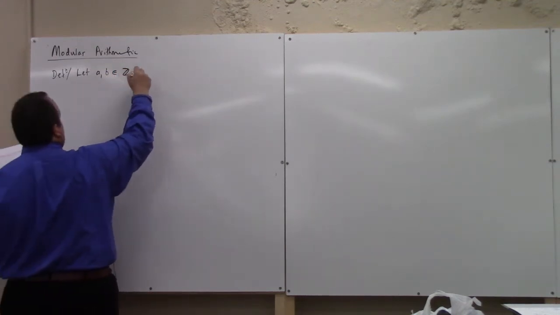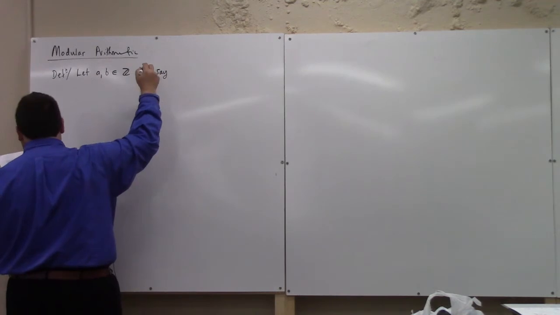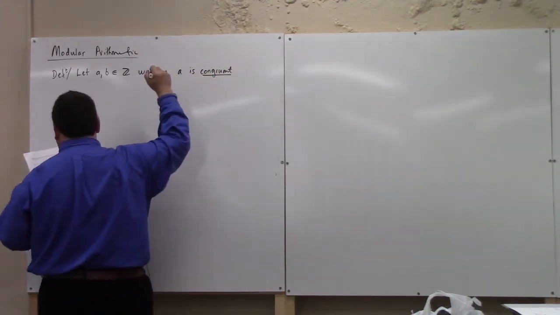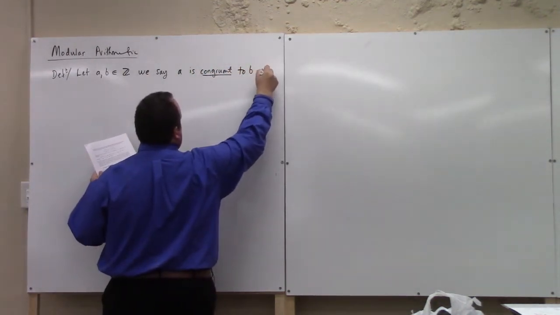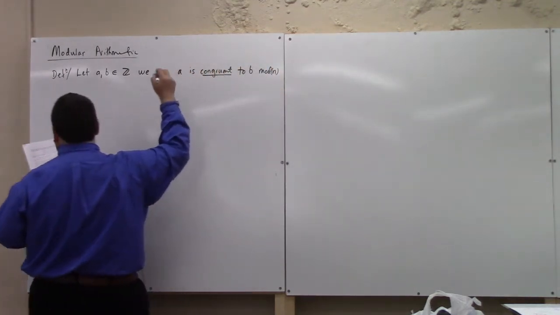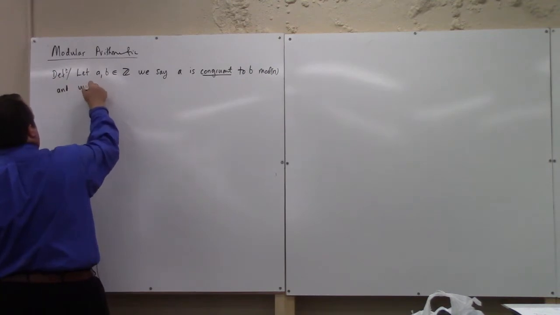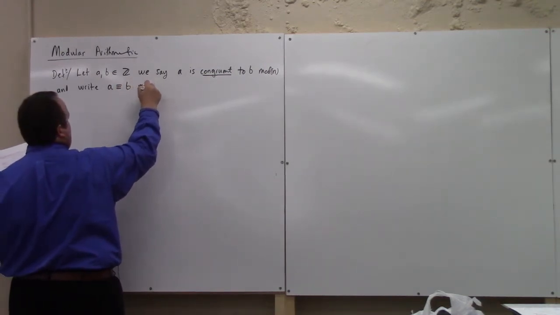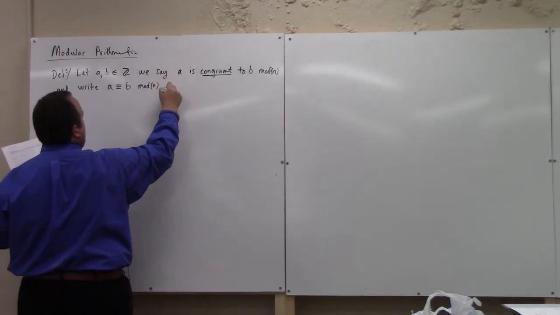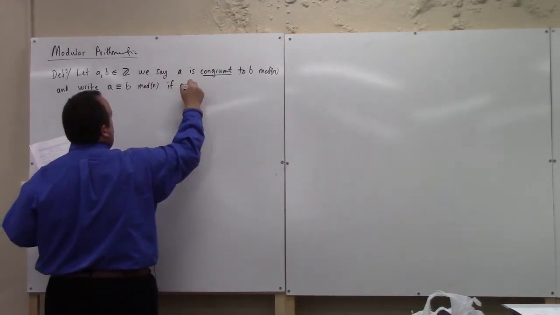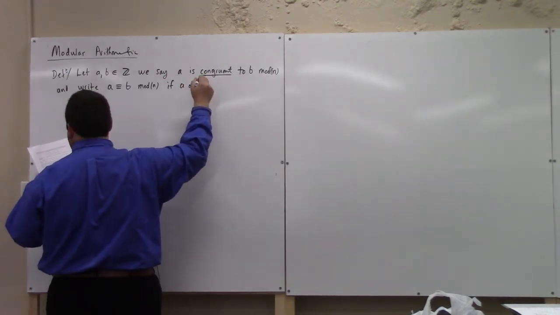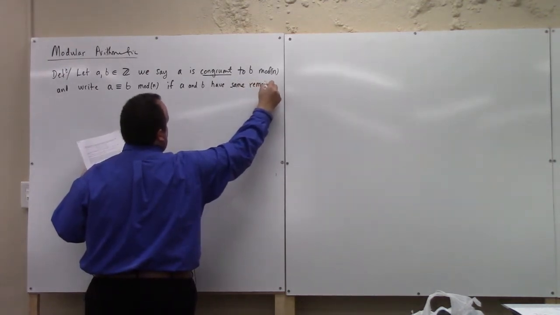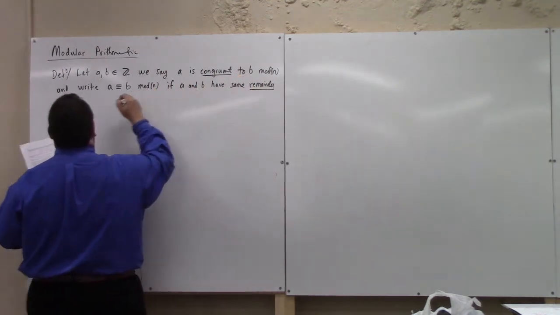We say A is congruent to B mod n, and write A equals B mod n, if A and B have the same remainder when divided by n.